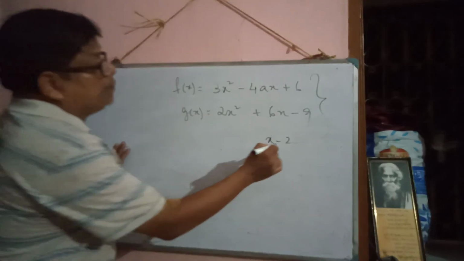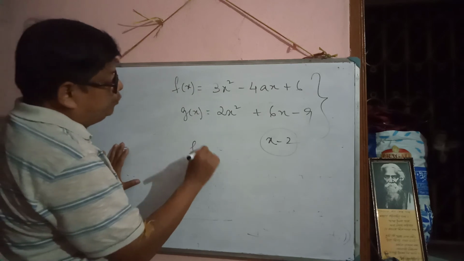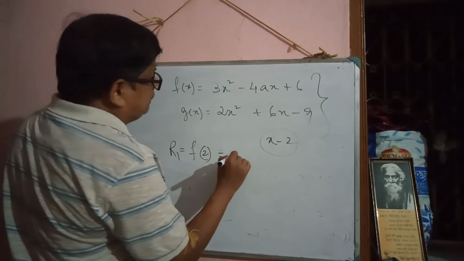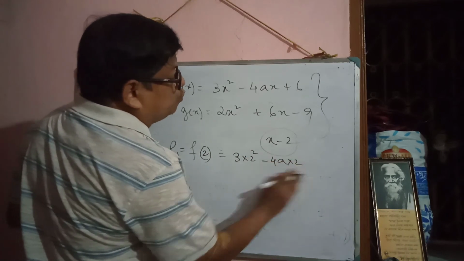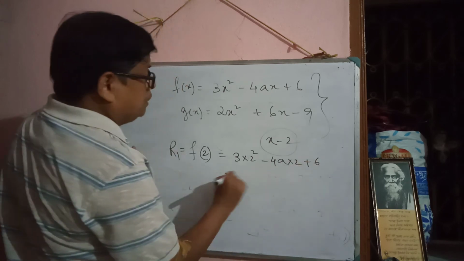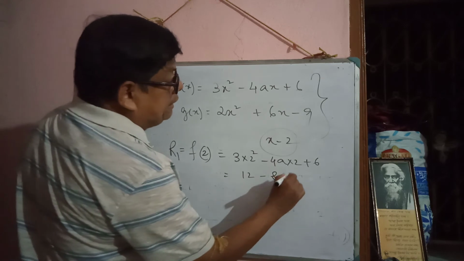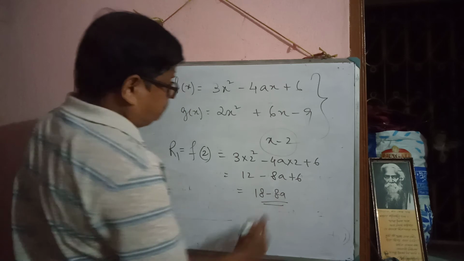First, put x equal to 2, so f of 2. Suppose this is R1. Here 3 into 2 square minus 4a into 2 plus 12, so 12 minus 8a plus 12, that is 24 minus 8a.